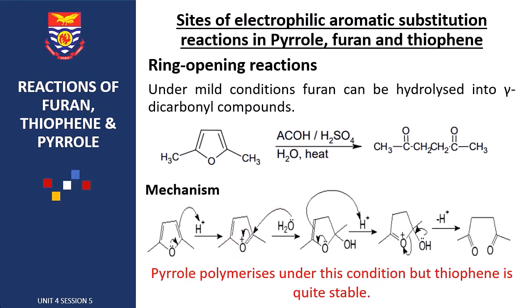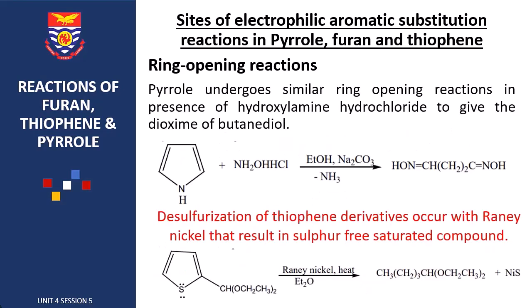So thiophene's ring opening mechanism is quite different from that which is observed between furan and pyrrole. Okay, so similarly, pyrrole also undergoes this same ring opening mechanism in the presence of hydroxylamine hydrochloride to give the dioxime form of butanediol. So this is the butanediol, the dioxime form of it.